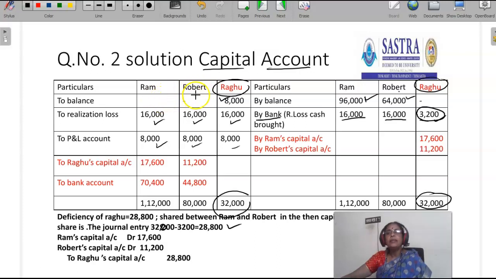In this problem, the capital ratio of Ram and Robert is 11:7, at the time of dissolution. The capital standing in their accounts is to be taken for calculating the capital ratio. Okay, let's see how we arrive at 11:7.